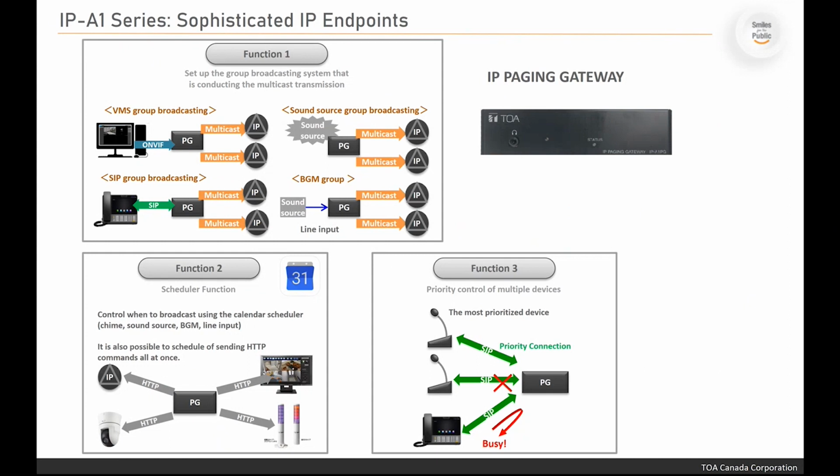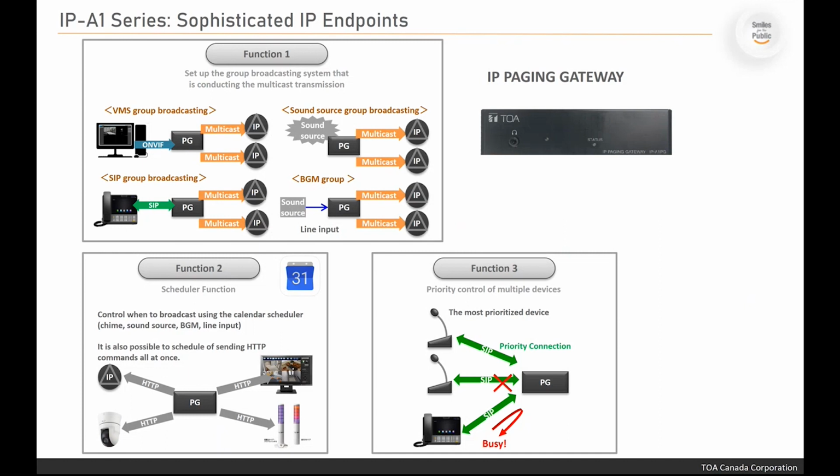Next is the IP-A1 PG, the IP paging gateway. The IP paging gateway has three functions. The first is that this gateway is a main system gateway that allows the integration with other systems. Because it has the capability of translating VoIP that is used by VMS systems or SIP into multicast.